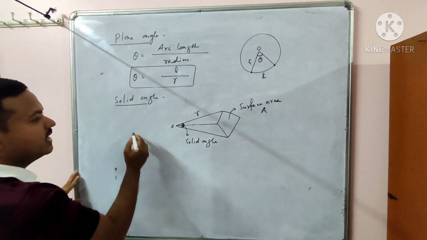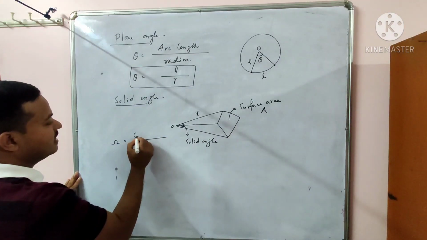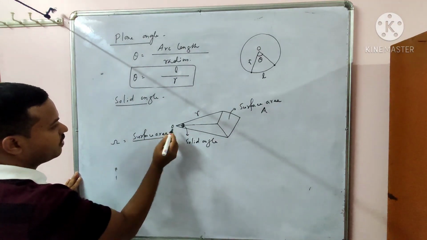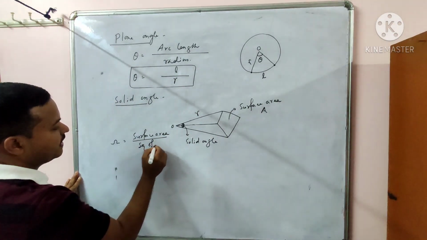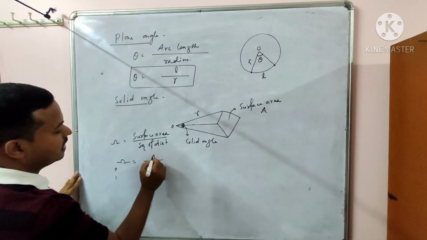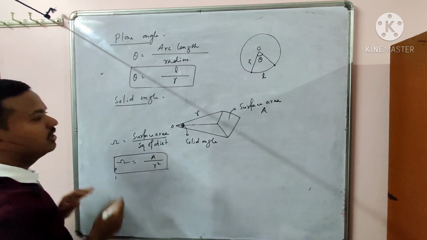So how can I define solid angle? The symbol is omega, and it is surface area divided by the square of the distance. So this will be given by A by R squared. This is the mathematical formula of solid angle.